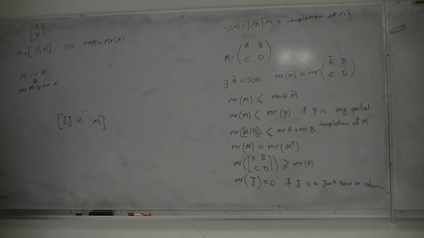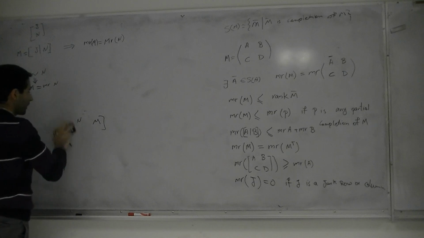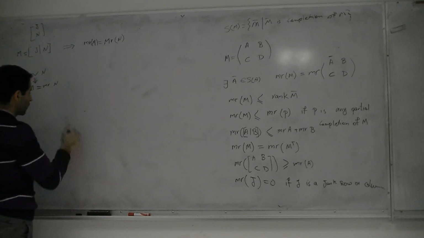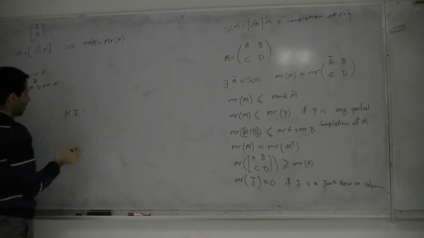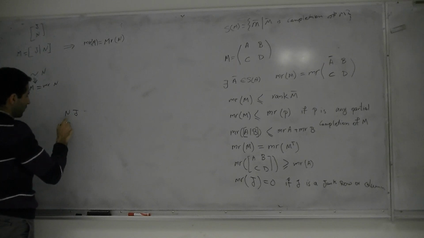And also, if you have a junk row and a junk column, you can remove them, it doesn't matter. For example, you have N, J, and JM.